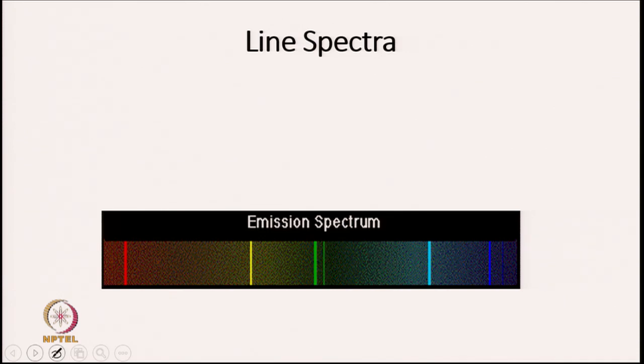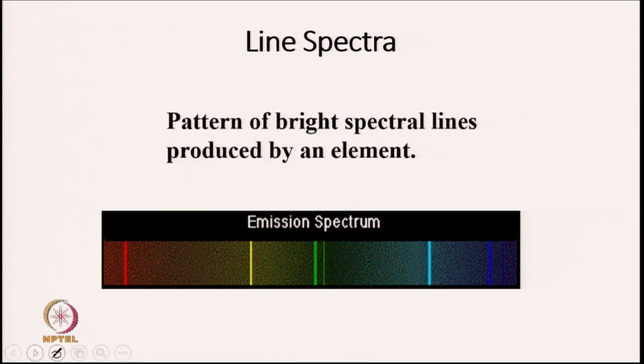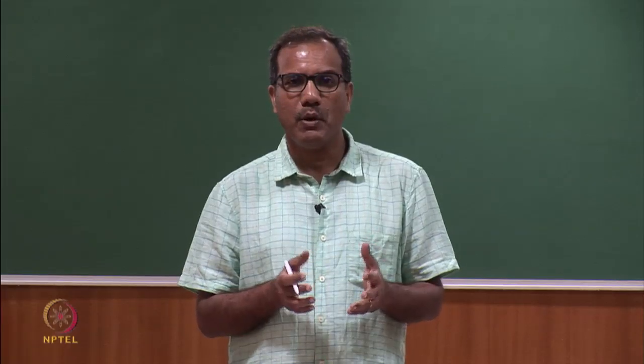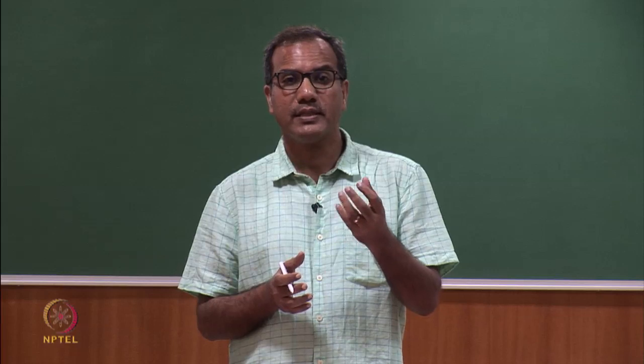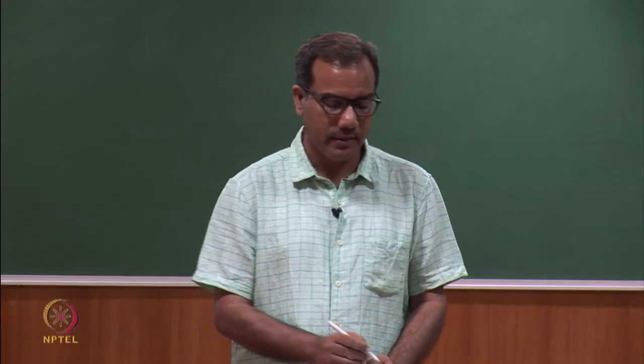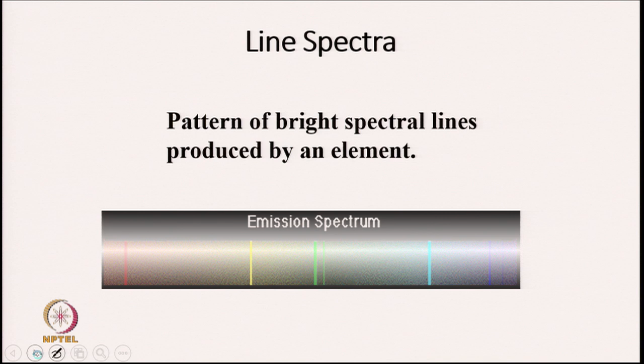In the line spectrum, now you can see that there are lines. You do not see the light of every wavelength. When you see this kind of spectra, a pattern of bright spectral lines is generally produced by an element. So, if you hit an element, then you can see a pattern of bright spectral lines, and that is known as line spectra.